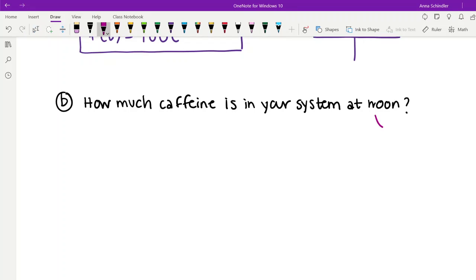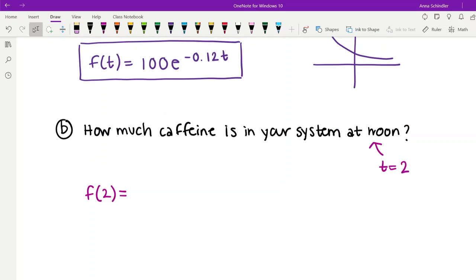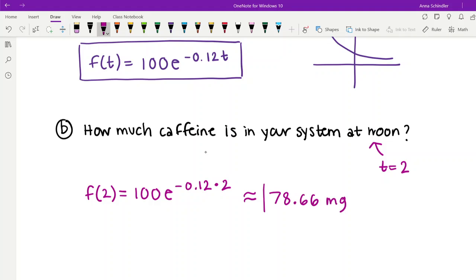And so when we're talking about noon, we are talking about 2 hours after 10 a.m. And so what that means is that we need to evaluate our function at a value of 2. So we have 100 times e to the negative 0.12 times 2. If you type this into your calculator, you'll find that that is approximately 78.66 milligrams of caffeine.